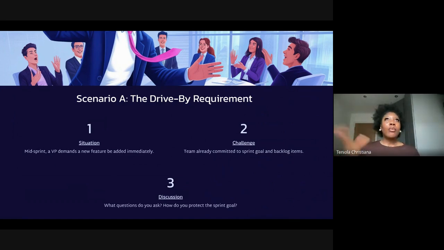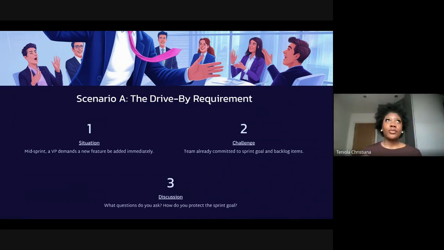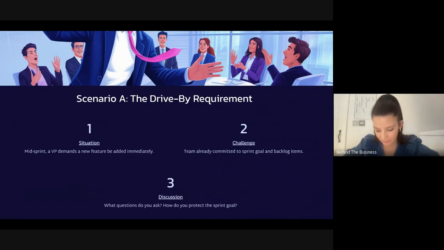So one thing that helps to frame it is that the VP is probably getting pressure from someone, whether it's from himself, the customers, or the CEO. You have to work really hard to relieve that pressure in some way, and also provide perspective and not allow yourself to be overly pressured by feelings and make an emotional decision.